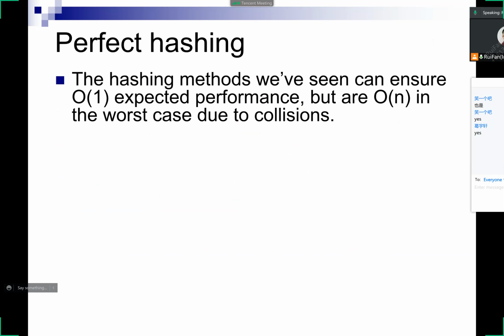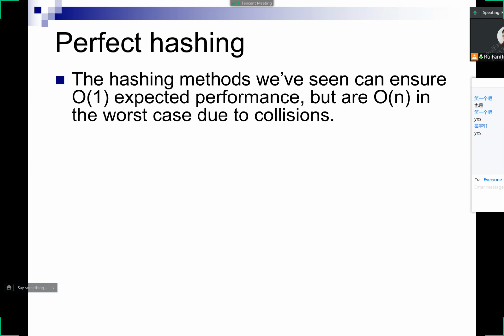Okay, so now we're going to move on to a different topic. We're done with universal hashing, and now we're going to talk about a final hashing topic, which is called perfect hashing. Previously we've seen that if you use just normal hashing, then you can get order n worst case behavior. And if you use universal hashing, you get order n divided by m expected behavior.